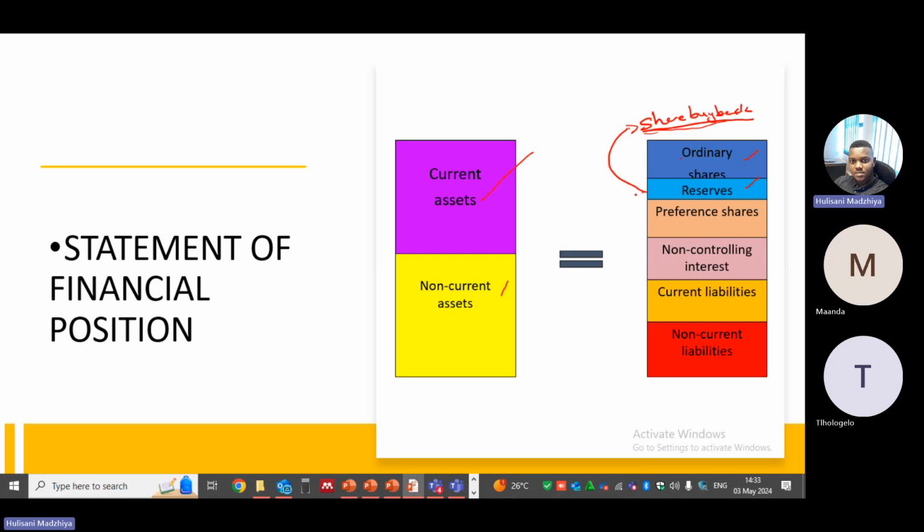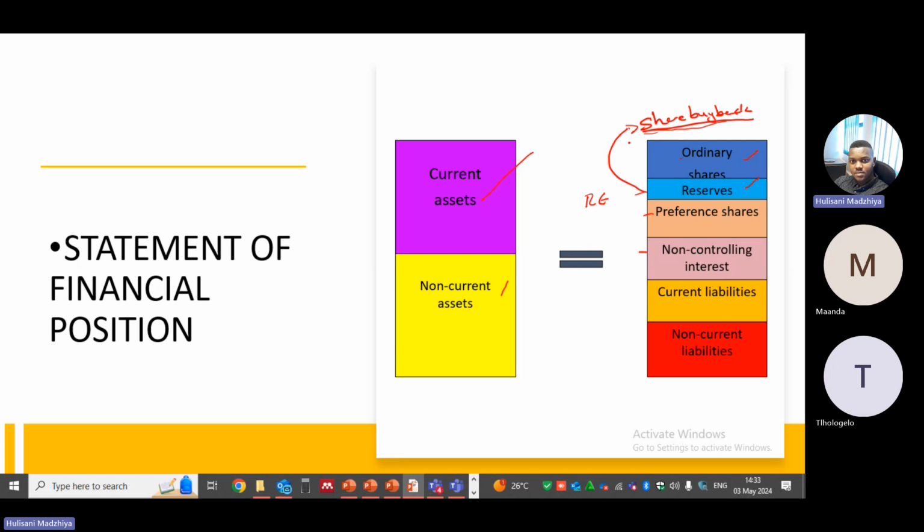Some companies also include retained earnings within reserves, which is the profit that the company didn't share with the shareholders, the profit that is remaining. But this can also be treated separately from reserves and have its own line item called retained earnings. And then you have got your preference shares and non-controlling interest.